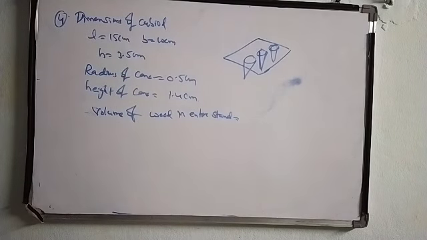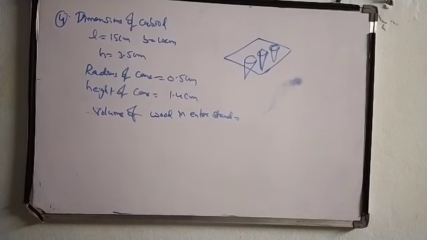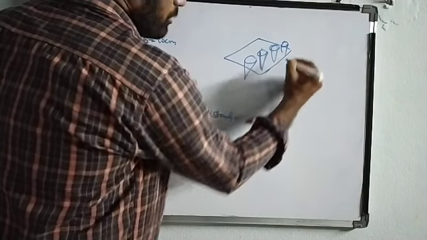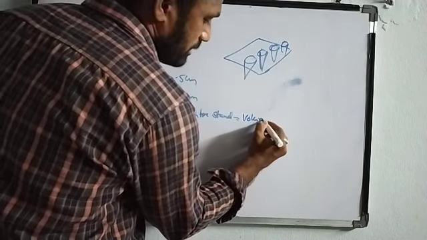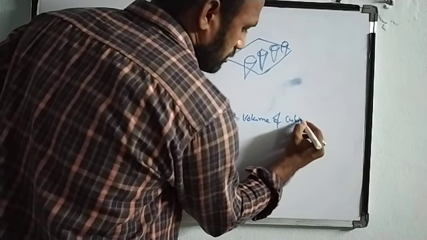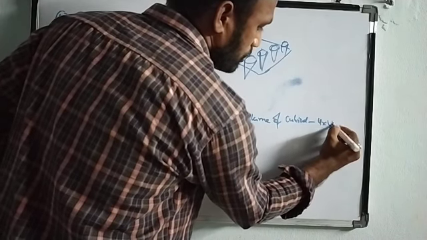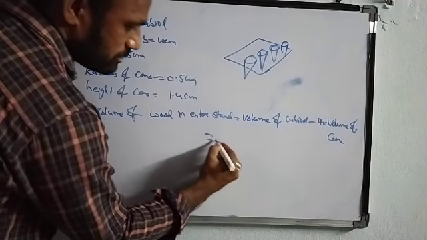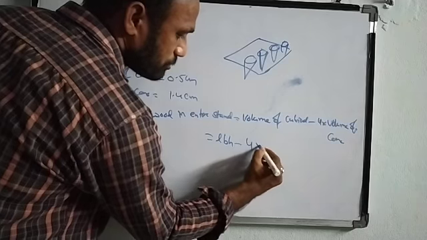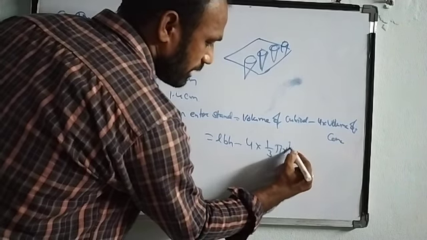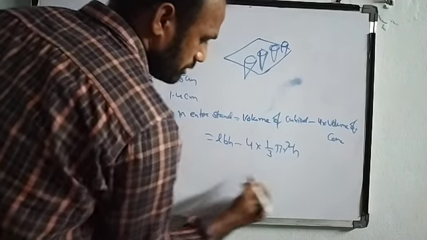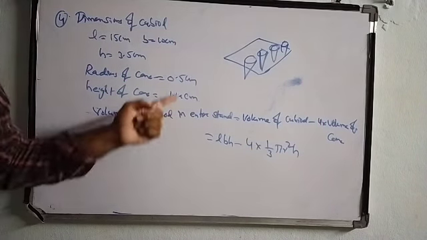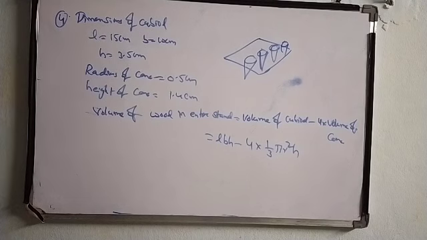The volume of the wood in the entire stand is, there are totally 4 depressions, okay. So volume of cuboid minus 4 into volume of cone. Since we have 4 conical depressions, the volume of the cuboid is LBH minus 4 into 1 by 3 pi r square h. So if you substitute the values here, length, breadth, height, and pi r square and h, we get the answer of this.